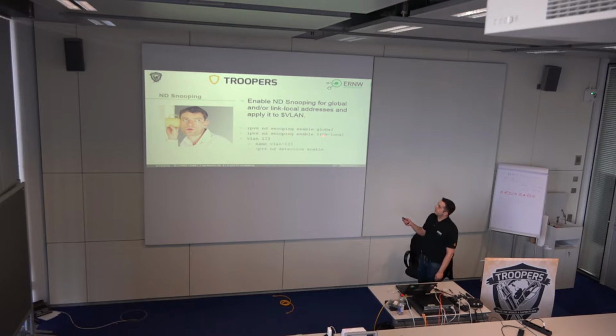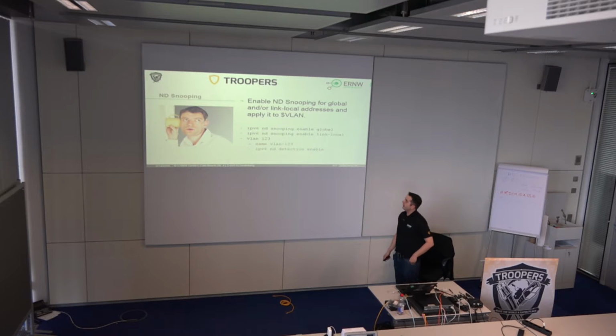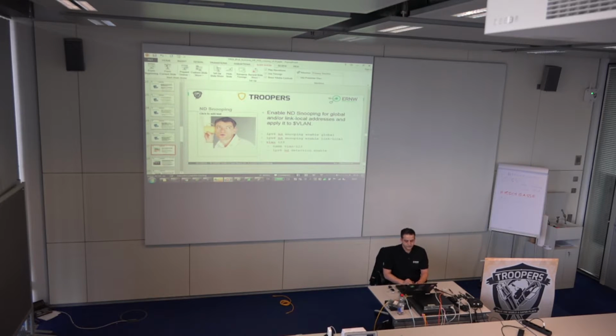As you can see here, IPv6 ND snooping enable for, in this case, link local addresses and global addresses, and then so that ND snooping works as desired, we have to apply the ND detection feature so that the switch can evaluate the neighbor advertisement packets to decide whether this is a packet with a valid association between IPv6 address and MAC address or not. So pretty easy to set up as well.